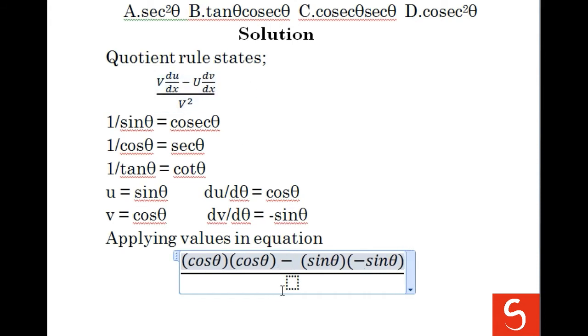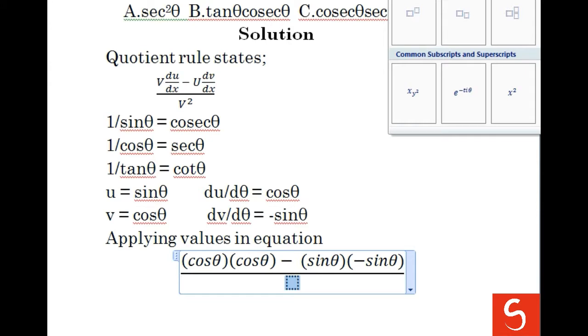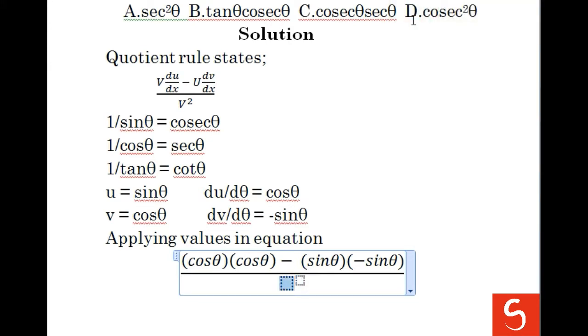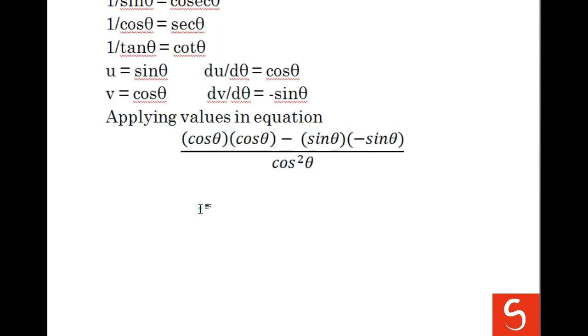Now all of this is divided by v squared. V is cos theta, so that is cos squared theta. Now we can resolve this.